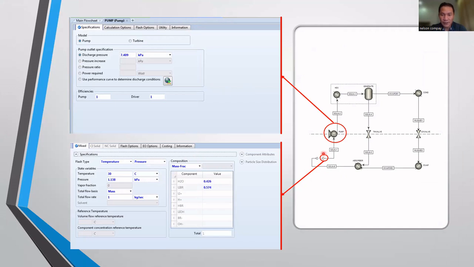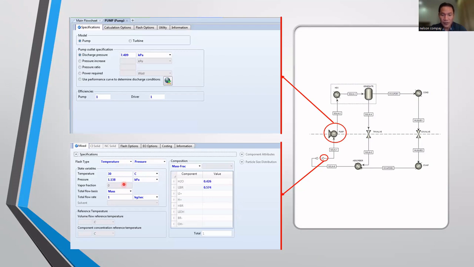For the input, this stream is the property of the working fluid entering the pump, which has a 30 degrees Celsius temperature and 1.138 kilopascal pressure.